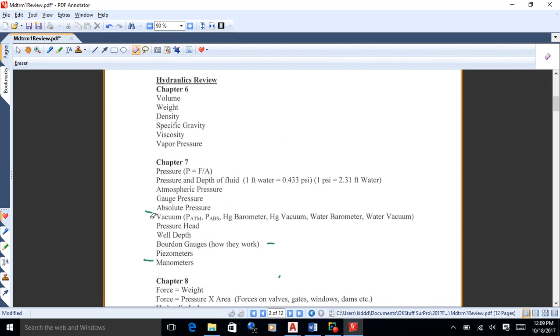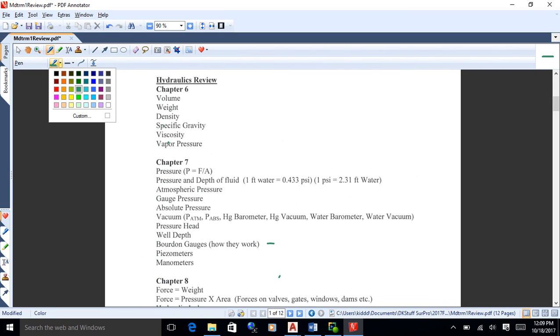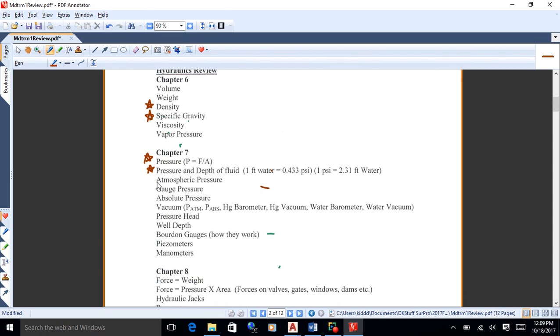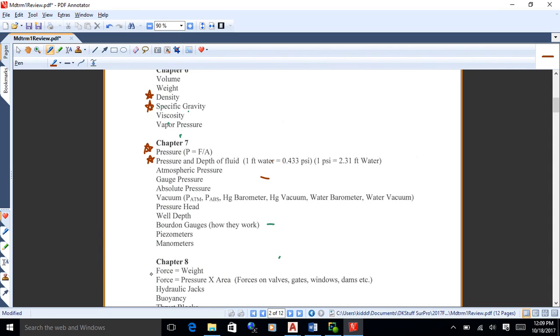The things that are important that I definitely want you to know are, let's see, what are they? Well, we put stars next to them or something like that. There we go. I definitely want you to know density and specific gravity. I definitely want you to know that pressure is force over area, and that these constants, what to do with those things. And I want you to know that force equals weight.